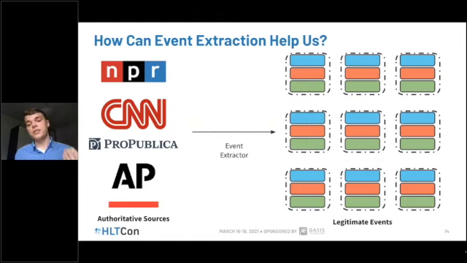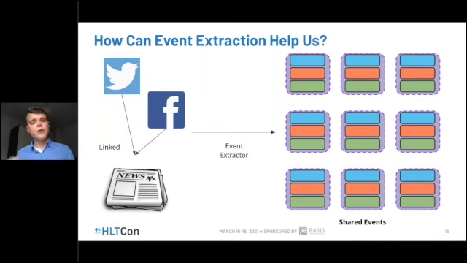Now, if we run our event extraction system on this database of legitimate articles, we then end up with a database of legitimate events. And so this is kind of our ground truth that we are trying to compare against. And what are we comparing? Well, we can take our data that's coming in from things like social media, blog posts linked by social media, email forwards from your grandmother, whatever you want to check.